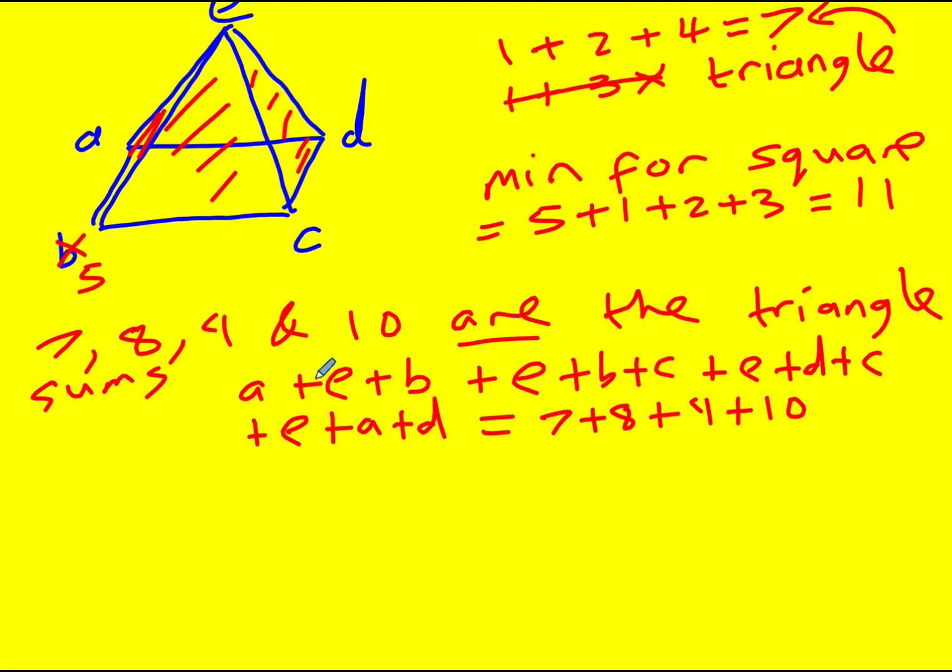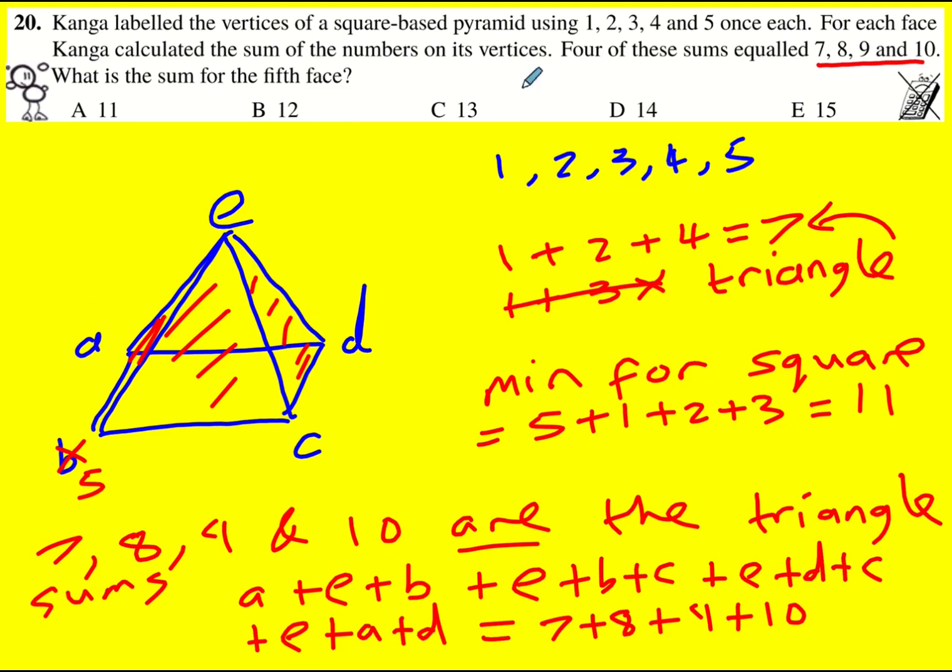So remember, we're trying to work out the sum of the fifth face, which at this point we know is A plus B plus C plus D. That's what I'm trying to figure out.